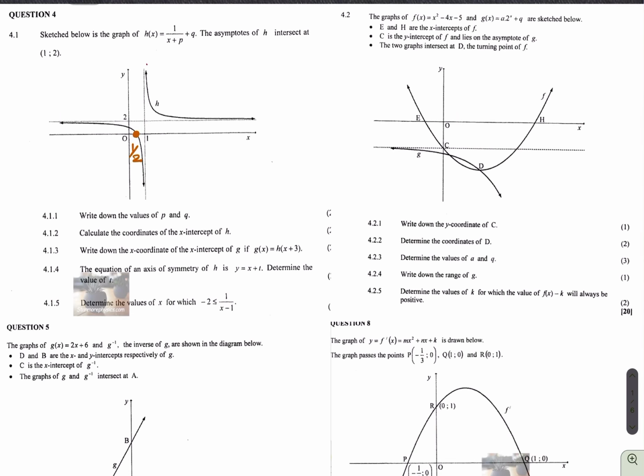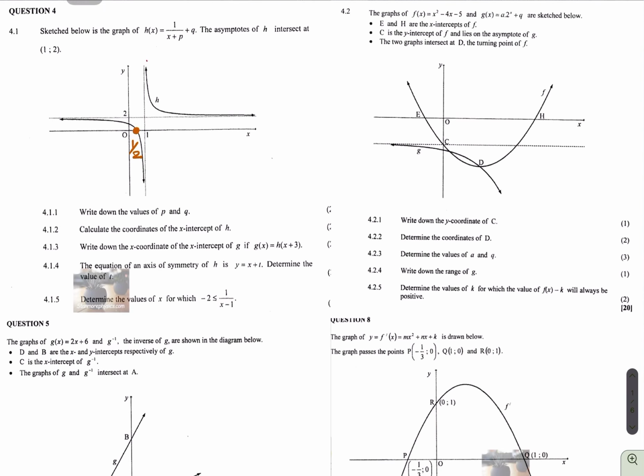For which values of k, determine the values of k for which f of x minus k will always be positive.